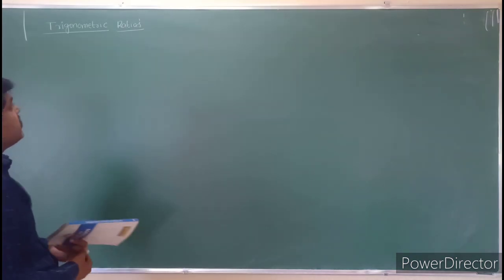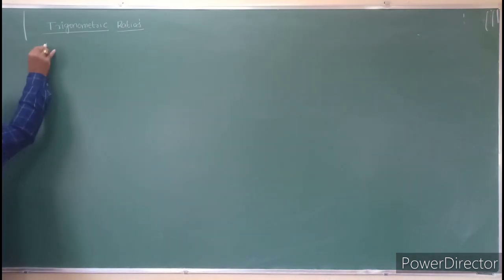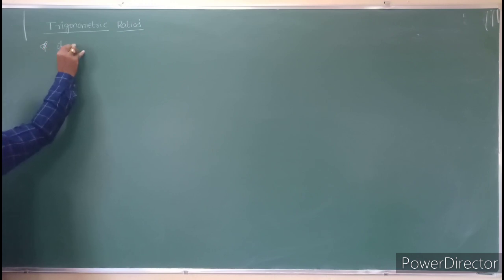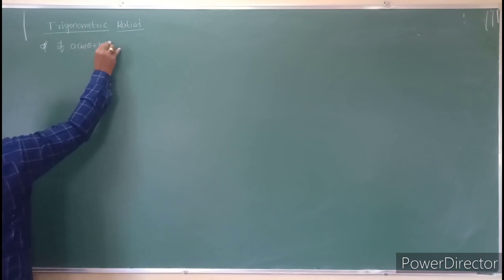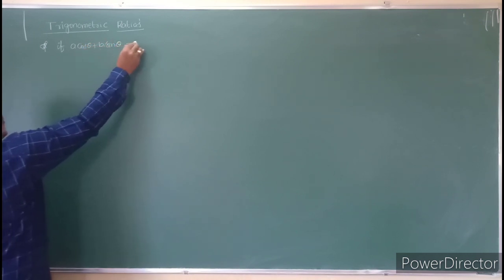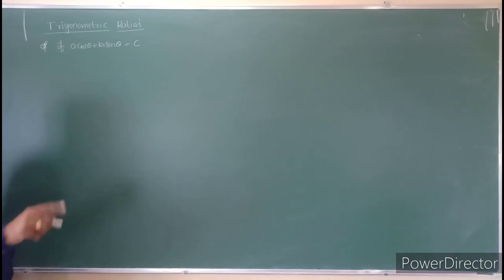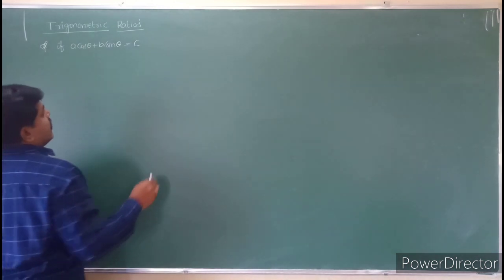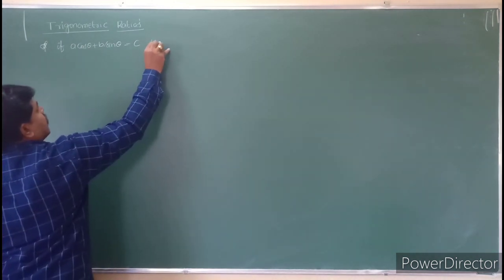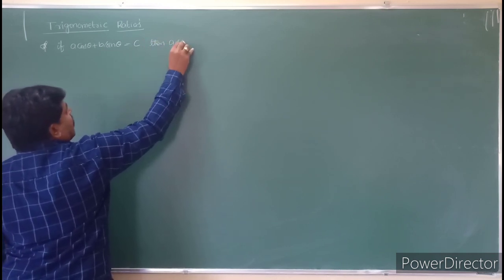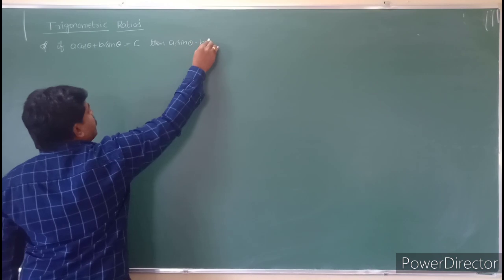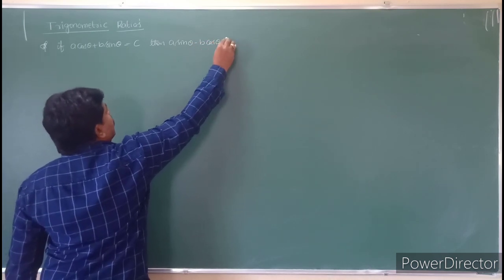So next one is, see students, if A cos theta plus B sin theta is equal to C, then what is A sin theta minus B cos theta?